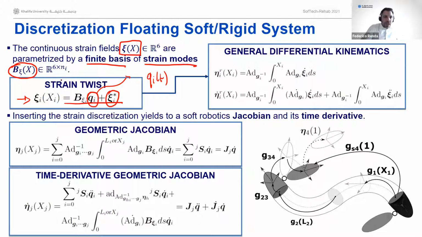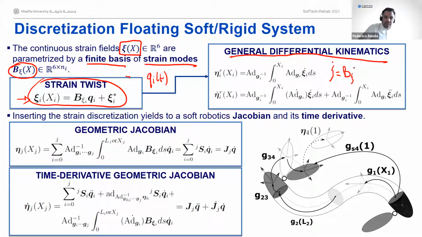Okay, what we can do now, let's take back the differential kinematics we developed before, and let's plug in our discretization for the soft link case. Let's then take ξ dot. What is ξ dot? ξ dot becomes B(x) q dot. ξ star is constant in time, so it disappears.